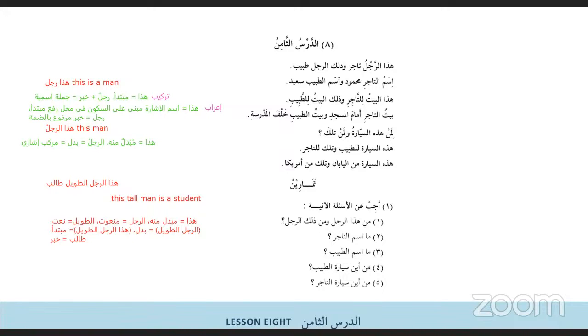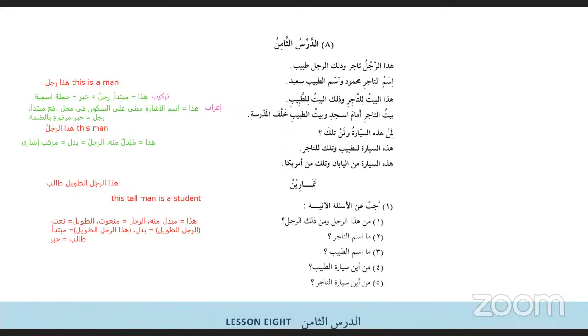Tarkib wise, hada will be mubdalun min, because we're not making mubtada yet, because the next word has al, and we can't make الرجل the badal straight away. Because there's a sifat, a na't of الرجل. So let's make الرجل الطويل a phrase. So الرجل is منعوت. الطويل is what?